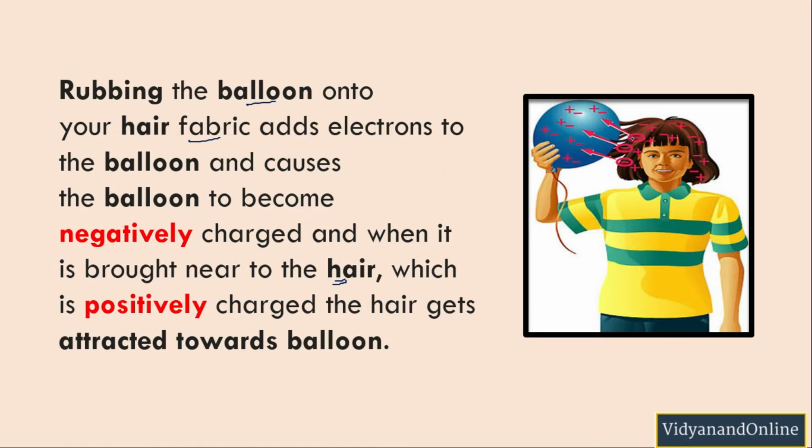Now these electrons are free to move, and that is why the electrons from your hair got transferred to the balloon, and the balloon became a negatively charged substance, whereas your hair, having lost the electrons, has become positively charged. So now when you bring the balloon near to your hair, the hair gets attracted towards the balloon, and that is why you can see those spikes out there.